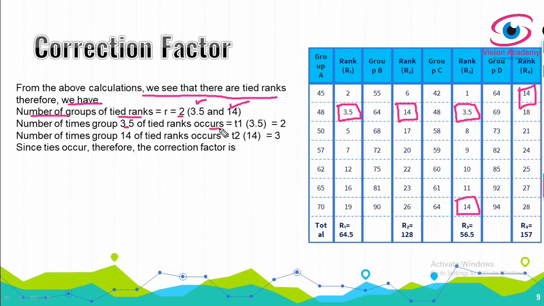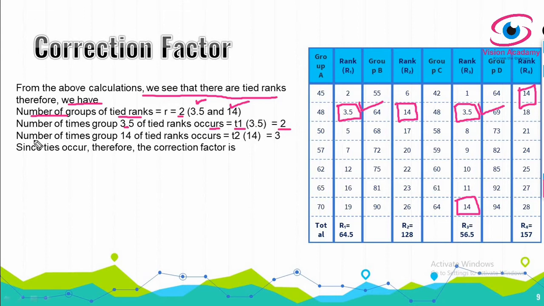Let us find the number of times group 3.5 of tied ranks occurs. That is T1, which I have made as a simplification for applying the formula. So how many ties in group 1? As seen here, 3.5, 3.5, so the number of times group 3.5 of tied ranks occurs is 2.